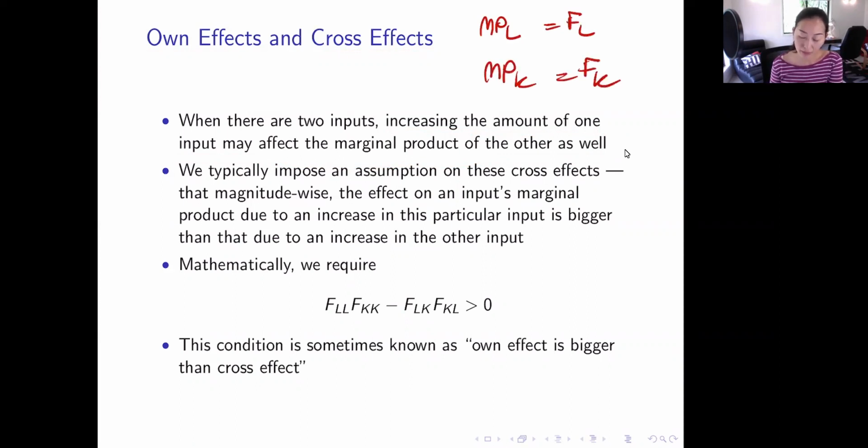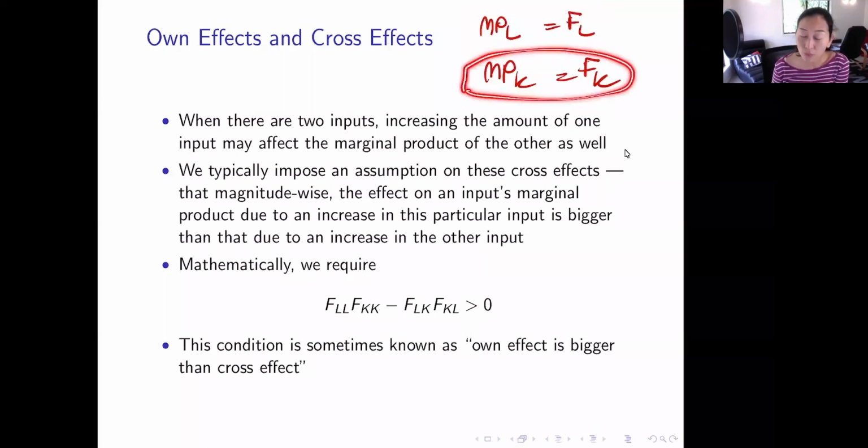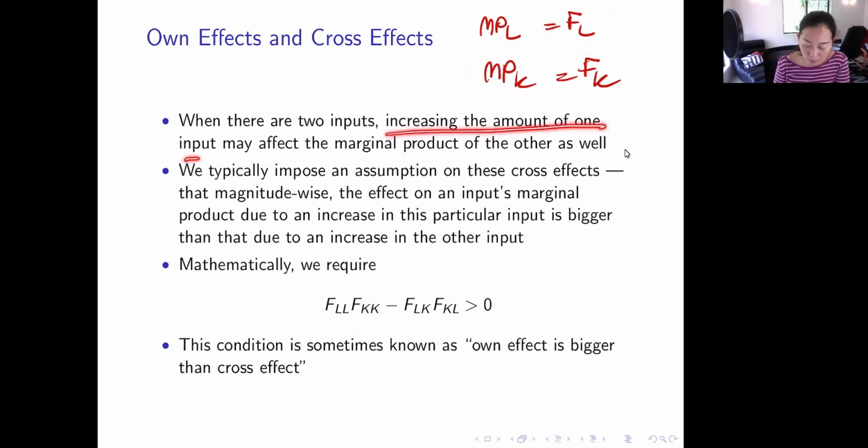What happens to MPL if instead of L, K changes? How would it affect MPL? Or what happens to MPK if L changes? This is called the cross effect: increasing the amount of one input may affect the marginal product of the other as well.